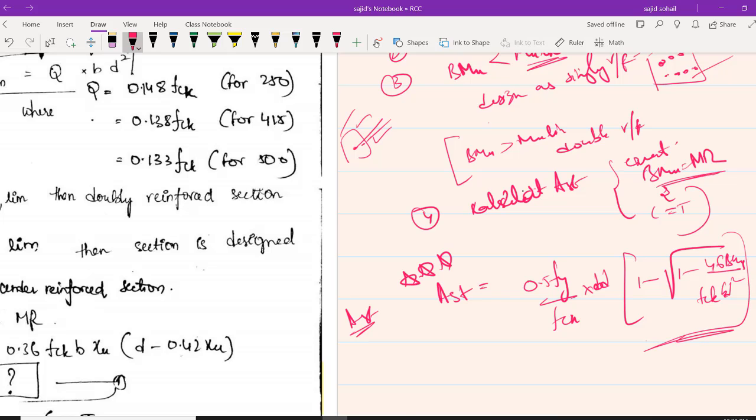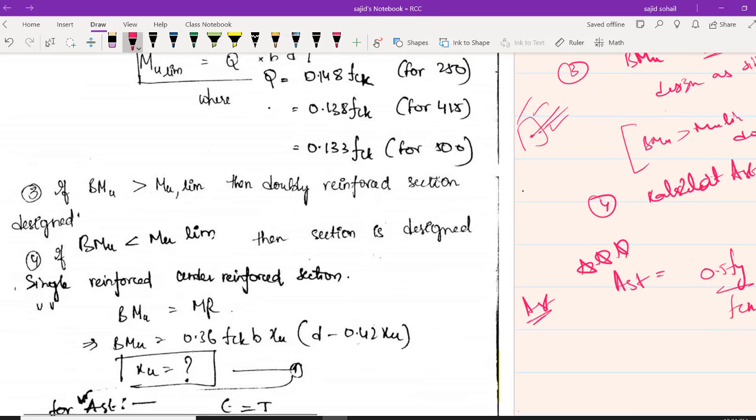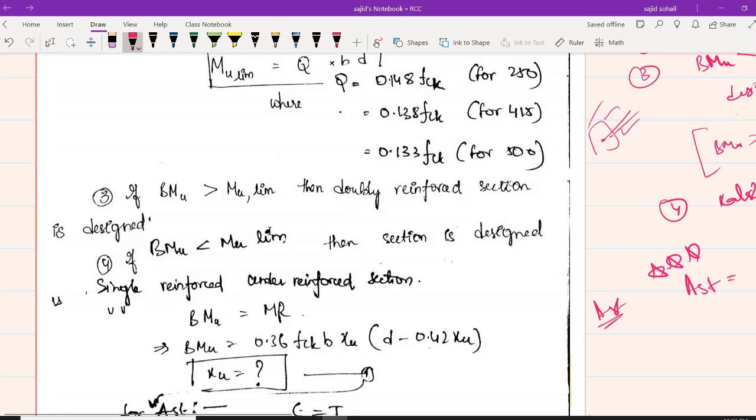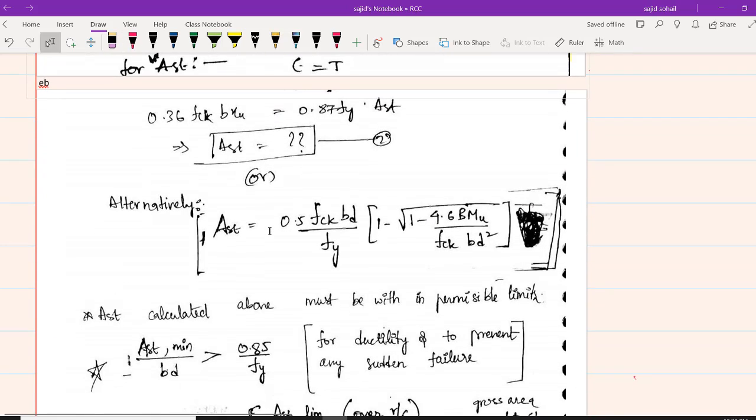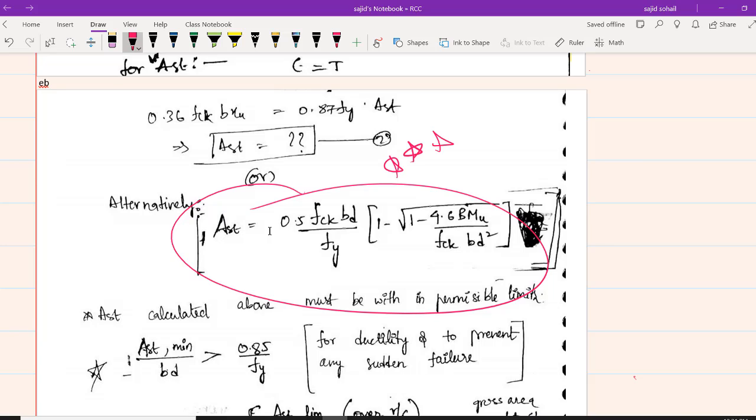So this is your formula, right? 0.5 FCK by FY BD into 1 minus under root 1 minus 4.6 BMU divided by FCK BD square. No need to note it down, it is already there, you have to practice it on paper. Very important, give it 5 stars. In terms of BMU, just substitute, and you will get the area of steel you have to provide.